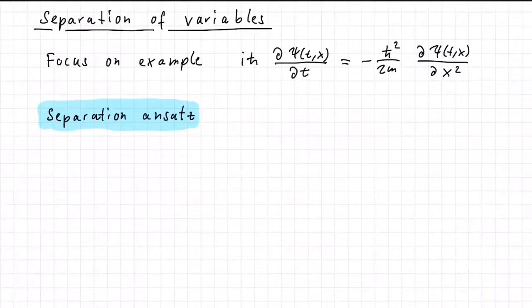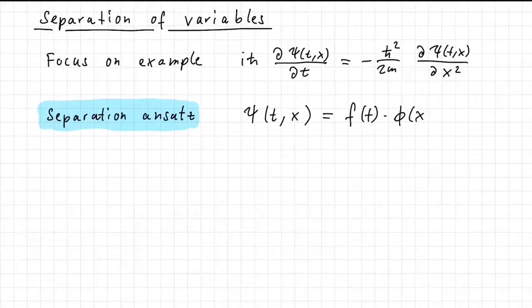Now, key to the separation of variables approach is the so-called separation ansatz, where we write down an ansatz for the desired solution psi of t and x. We write psi of t and x equals f of t times phi of x.